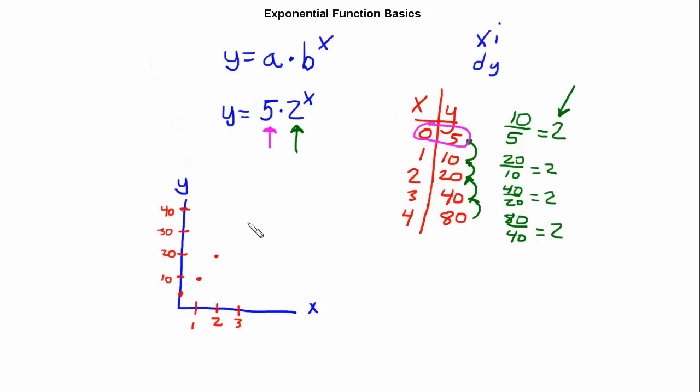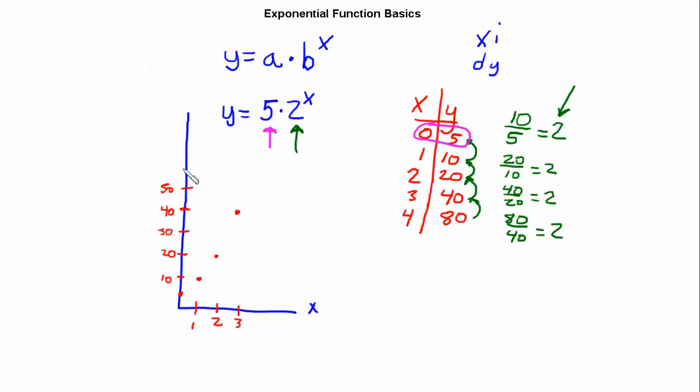Then we have 3 and 40 up here. And actually I want to go ahead and extend this a little bit, so I'm going to erase that. Let's get our y-axis up a little higher so it'll make more sense. So we'll just extend that up.